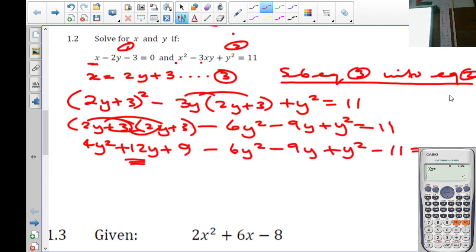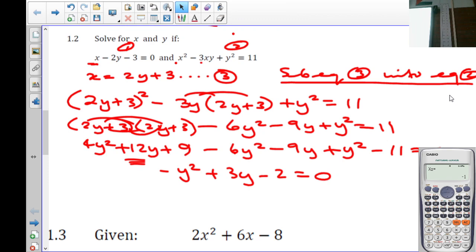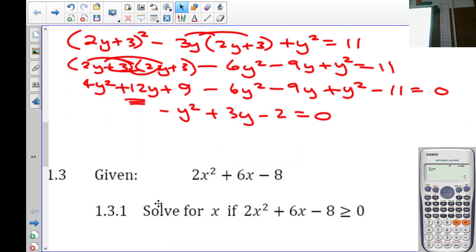Why did I bring that over? Because I wanted it in the standard form for a quadratic equation. So you've got 4y squared minus 6y squared plus y squared, which is negative y squared. 12y minus 9y is plus 3y. And then 9 minus 11 is negative 2 equals 0. Now at this point we can divide by negative and then factorize again.